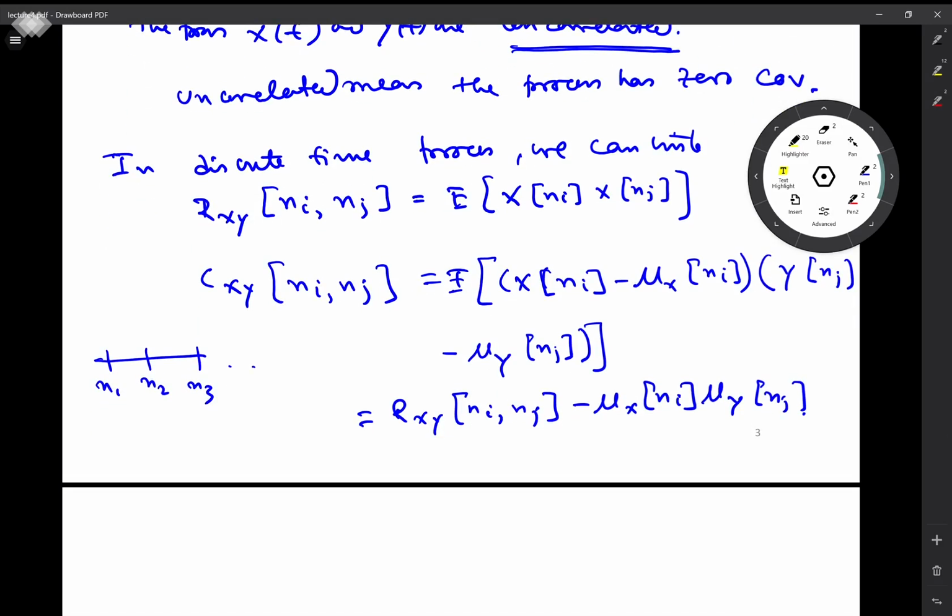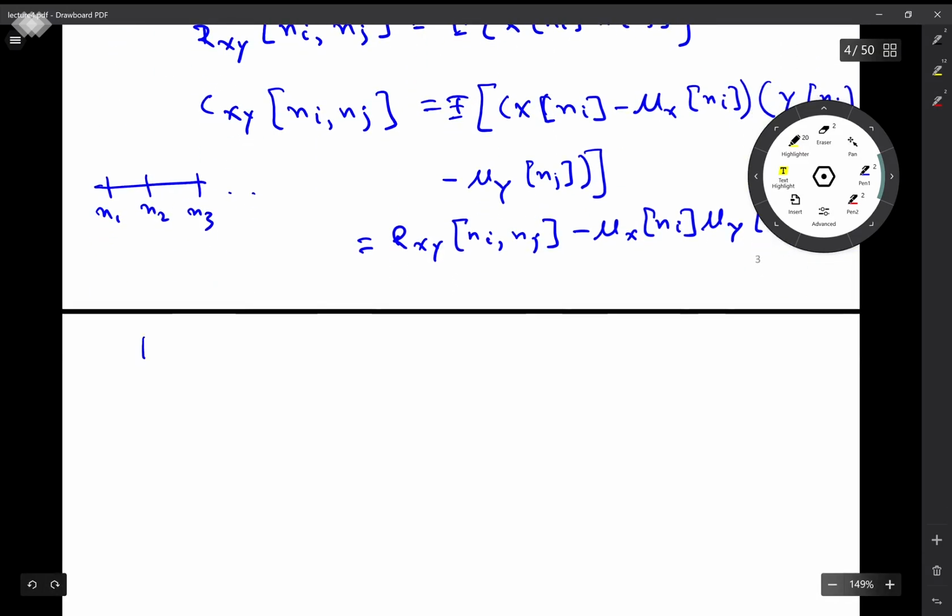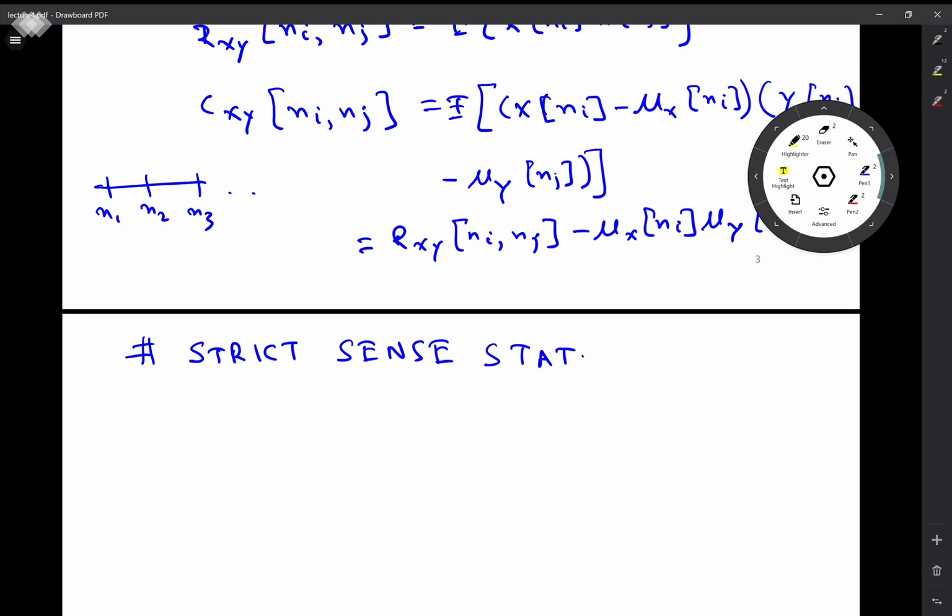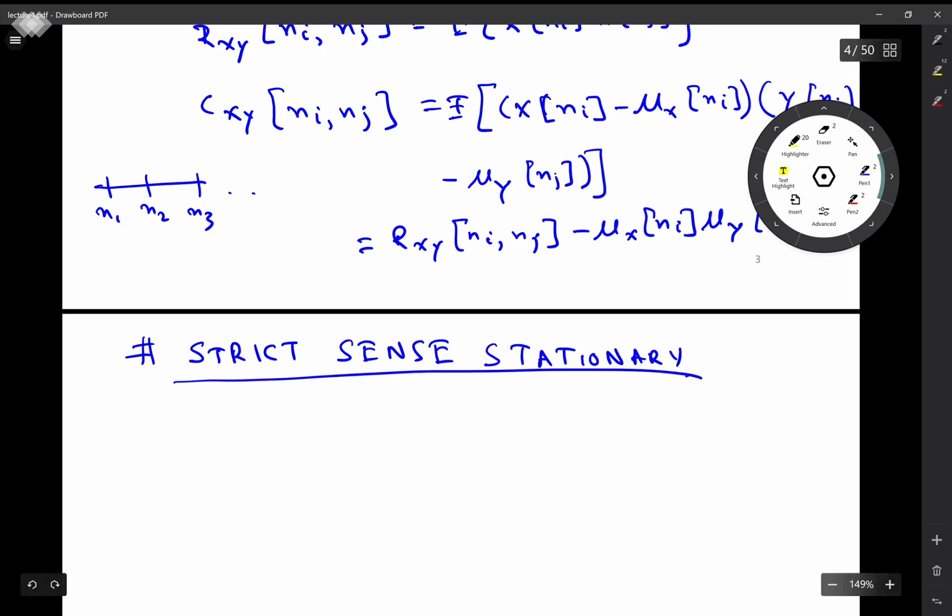Now we shall move to the next topic. What do you mean by strict sense stationarity? We shall see what is the meaning of strict sense. When is a random process stationary in the strict sense?